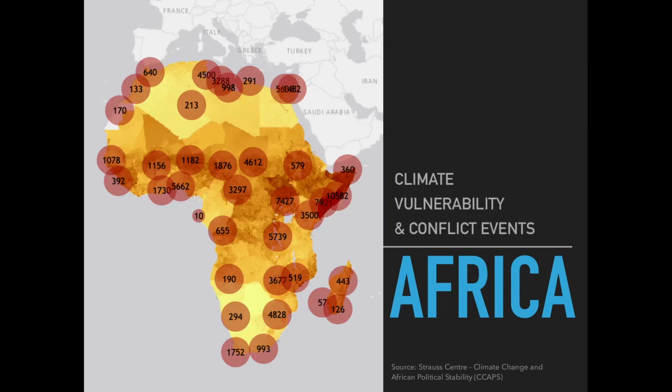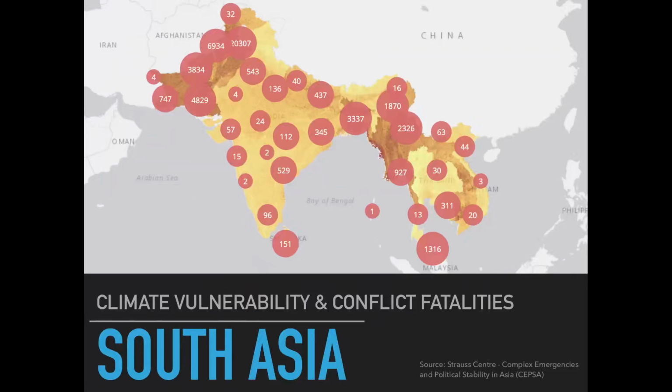As can be seen in this image, there is at least a weak correlation between the areas that have higher climate vulnerability and higher amounts of conflict. Moreover, the same trend also appears in South Asia. This time, in the red circles, you have fatalities from conflict. And again, in places like Pakistan and Myanmar, you have vastly higher numbers of fatalities, which correspond to the higher climate vulnerability.